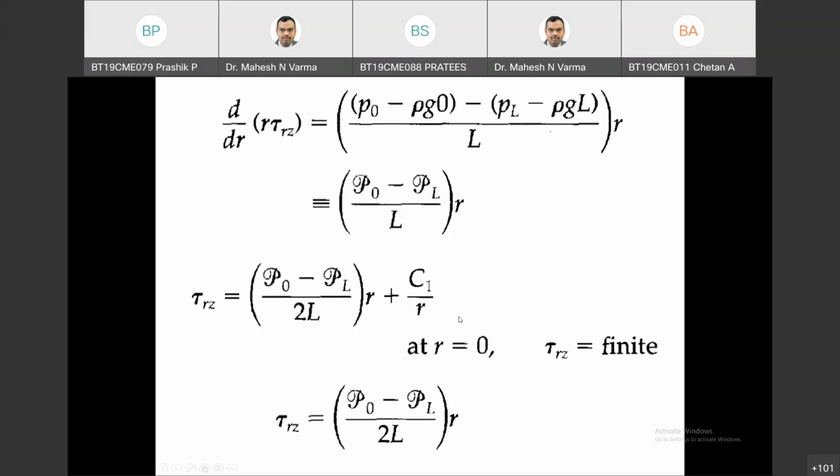Most importantly, this boundary condition we have used is called a logical boundary condition. Logically, in a profile equation, if tau rz has some undefined value at any location in my geometry, for example here at r equals to 0, if this term remains here, whatever the value of this constant c1, at r equals to 0 this term will give me an undefined value of tau rz.